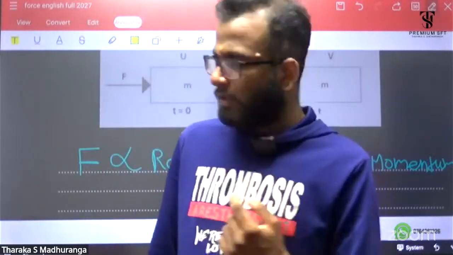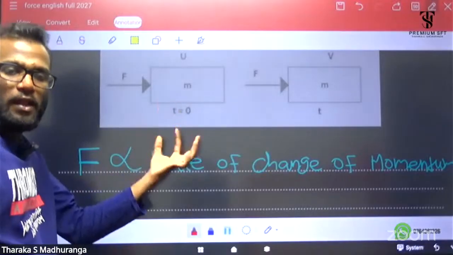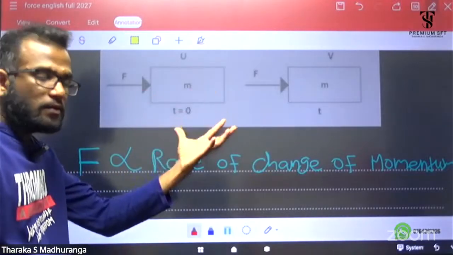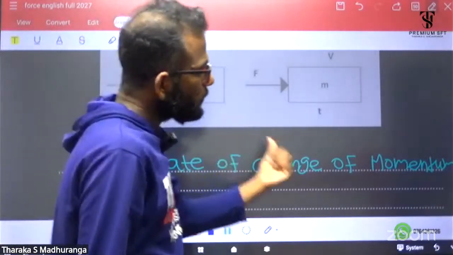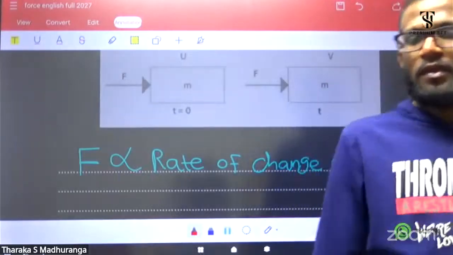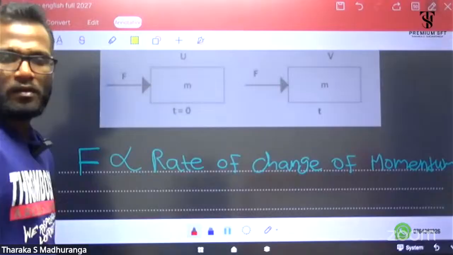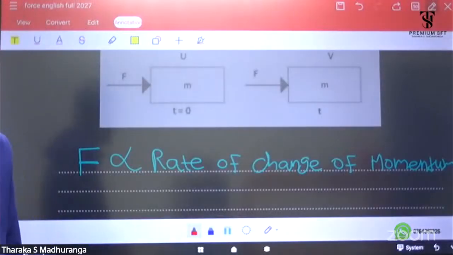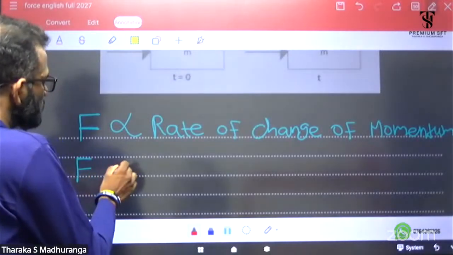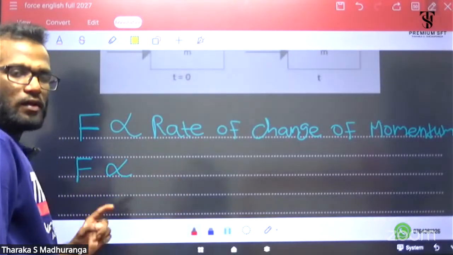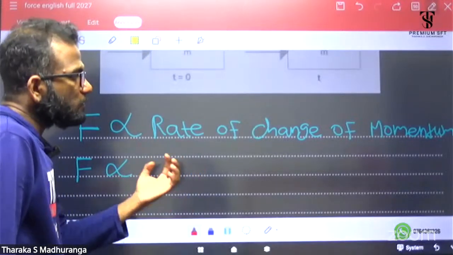In the momentum method, if any unbalanced force acts on an object, this unbalanced force is directly proportional to the rate of change of momentum. What is the meaning of the rate of change of momentum? Now we have to clarify this sentence.